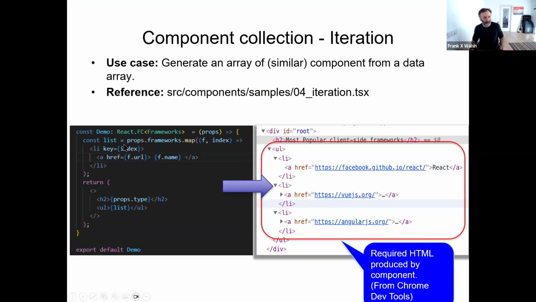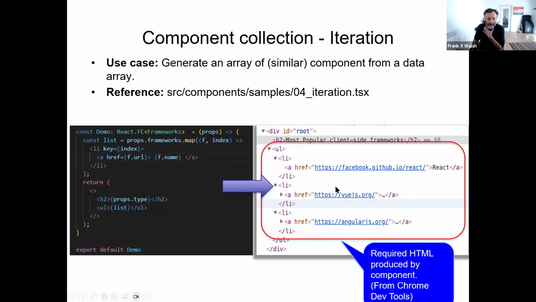And this is how, essentially, when this is transpiled and goes out to the browser, there you go. So the required HTML is produced by the component, right? And you can see this, by the way, if you have a look at this in the dev tools and have a look at the HTML, the source of the component that's getting displayed in a browser, you'll be able to see this, right? So that essentially gets rendered as that in your browser.